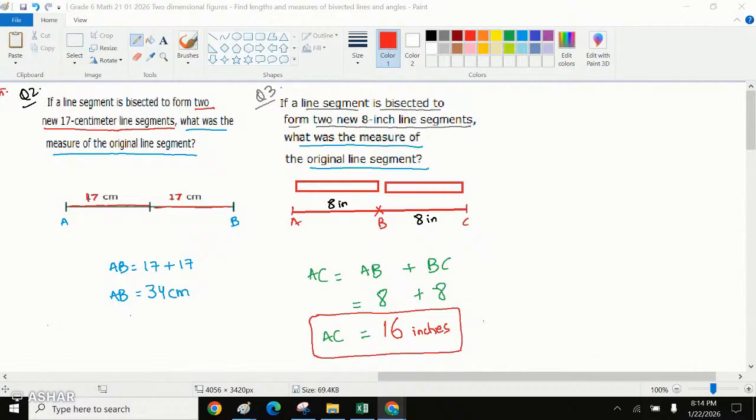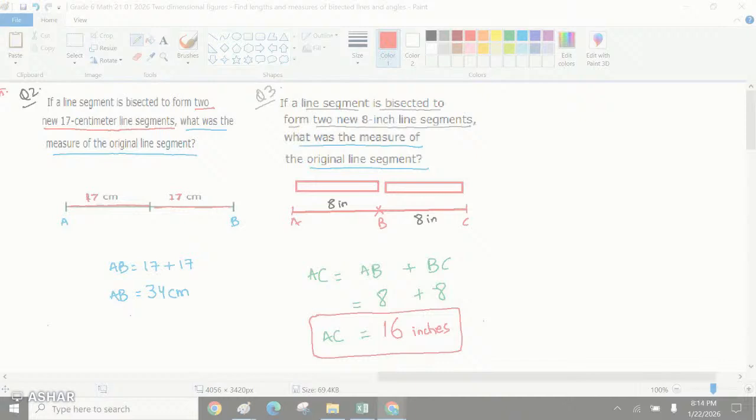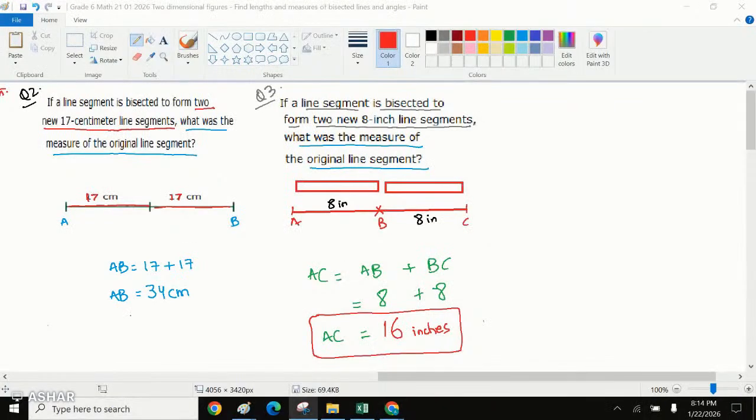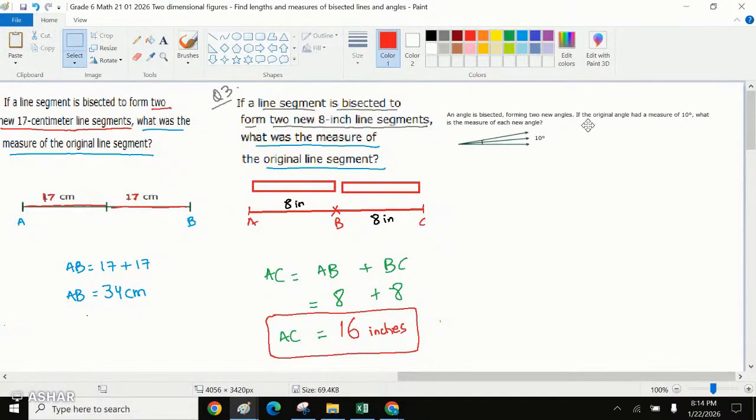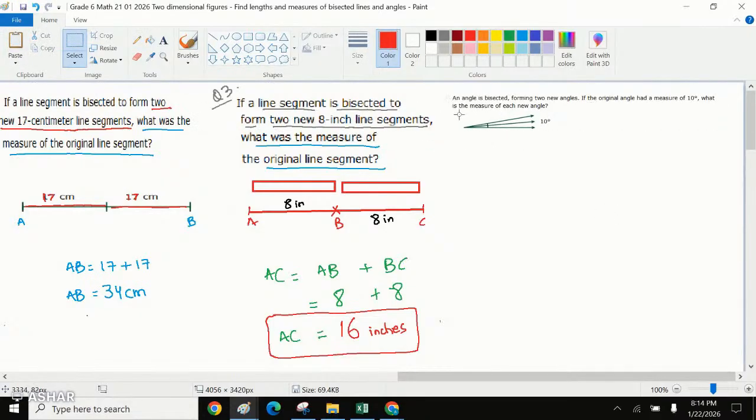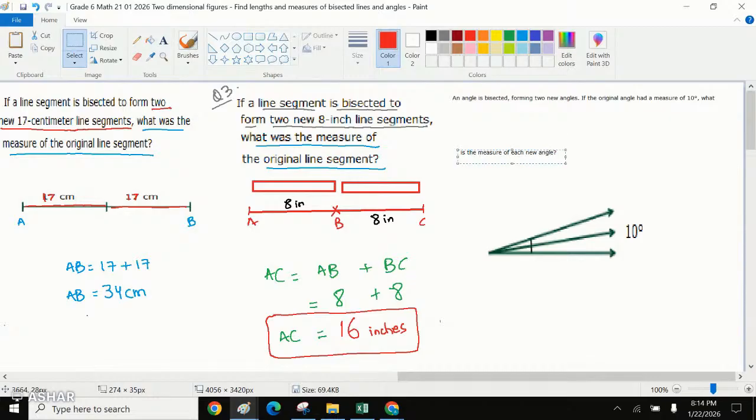Yes. Okay, let's look at angle bisector. How we do the angle bisector, I'll just show it to you. Before doing this, let's rephrase this. If the original angle had a measure of 10, what is the measure of each new angle?